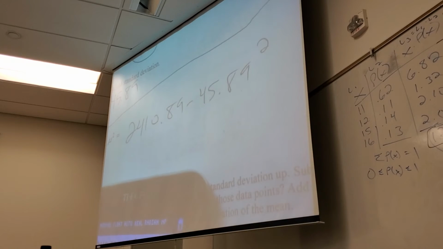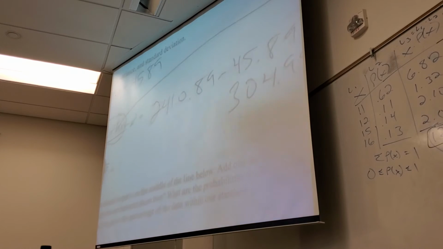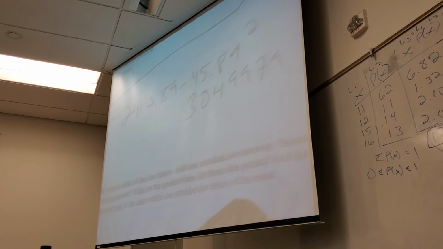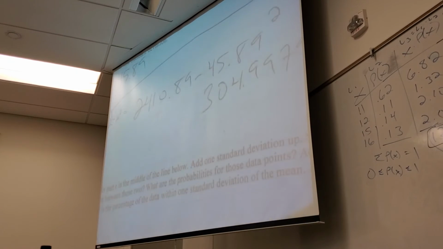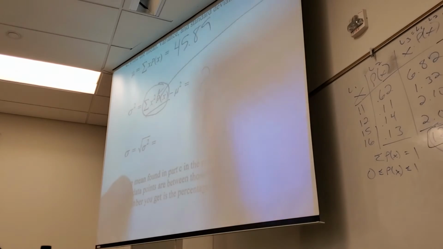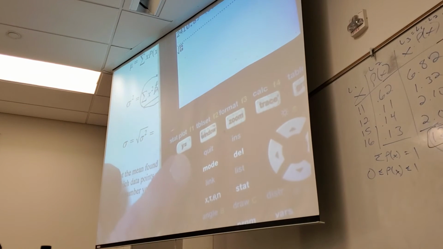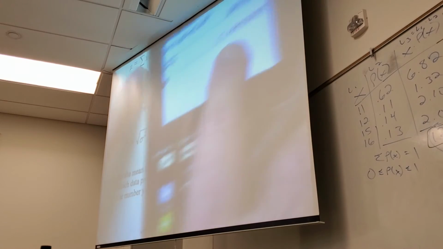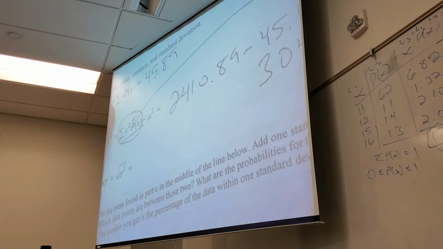Good, that's what I need. And that's the variance, because I haven't taken the square root yet. So if I take the square root of that, I get 17.464.